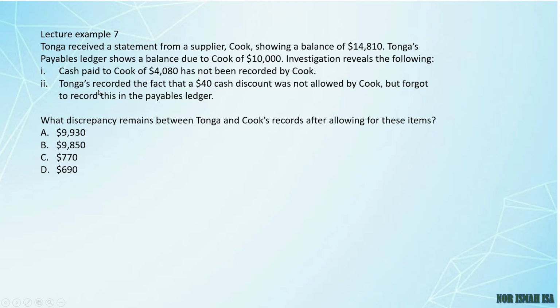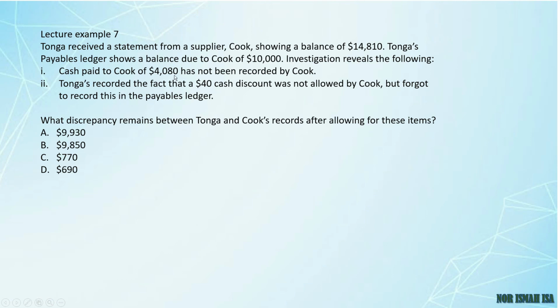Oh no, sorry. For number 1, Tonga already paid, meaning it has already issued a check, and it is recorded in Tonga's books, this 4,080, whereas Cook did not get this check yet, so the statement never included this figure.